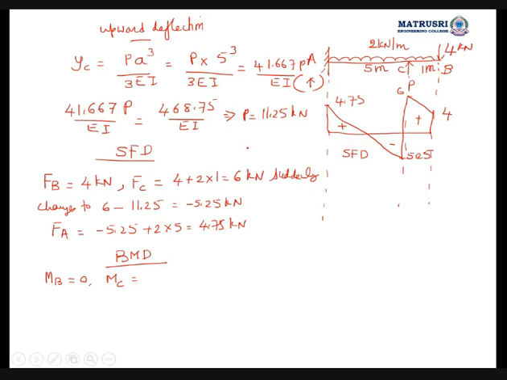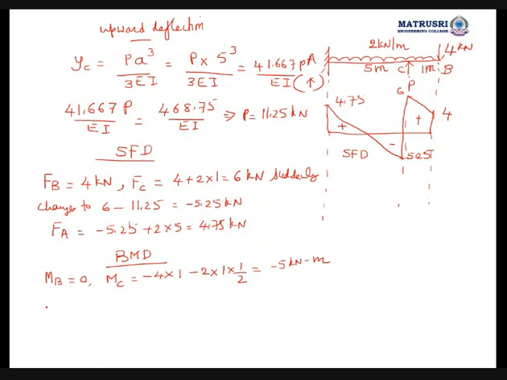So from this side clockwise is negative. So minus 4 into 1. Due to UDL, 2 into 1 into 1 by 2. So how much did I get here? MC is equal to minus 5 kilonewton meter.